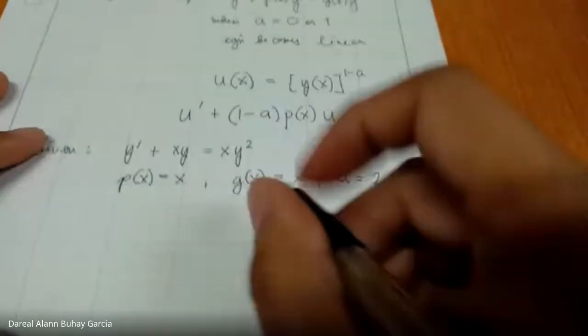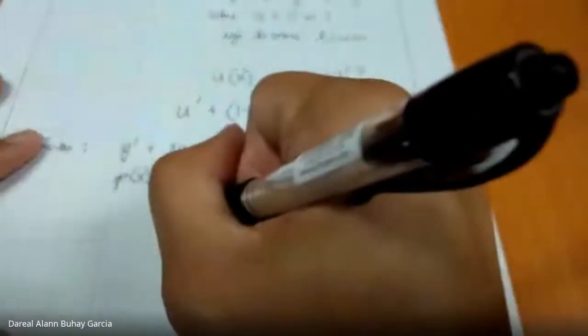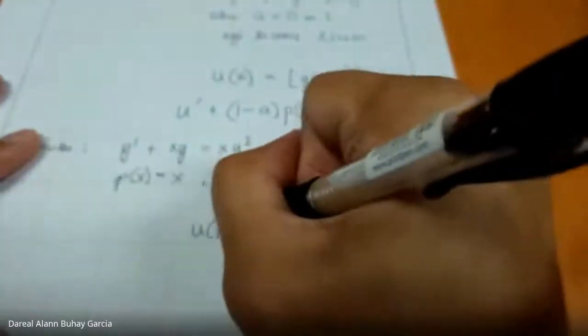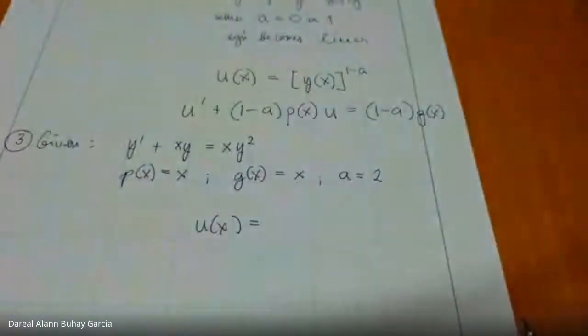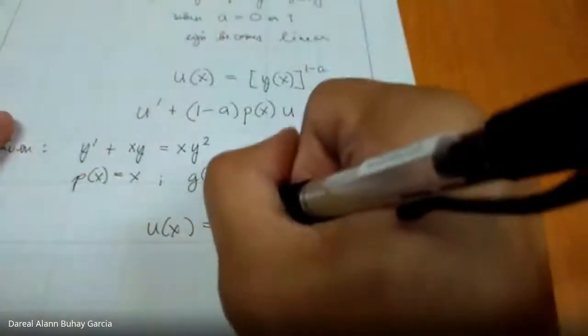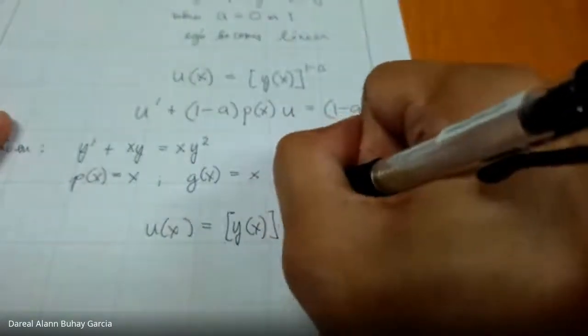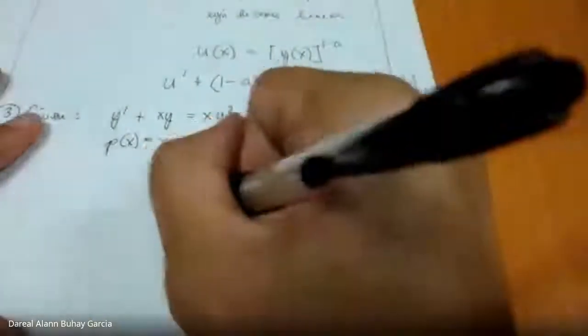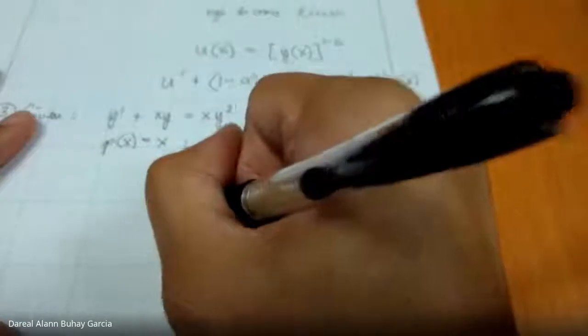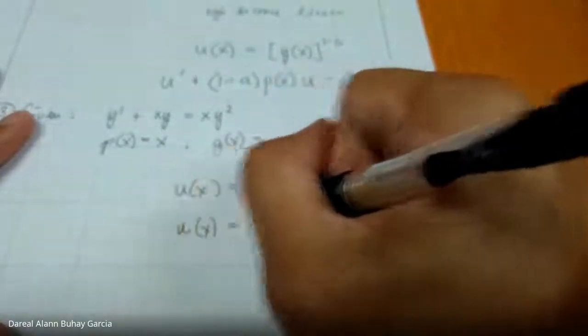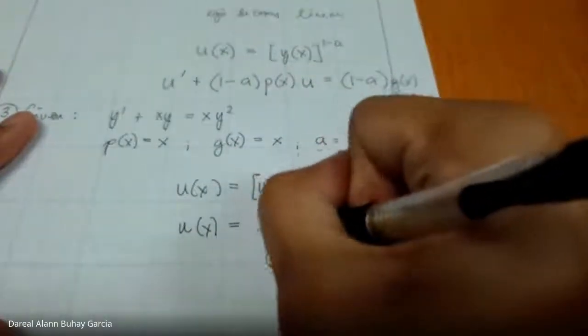So use this one, u of x is y to the power of 1 minus a. So 1 minus 2 is negative 1, meaning u of x is equal to 1 over y of x.